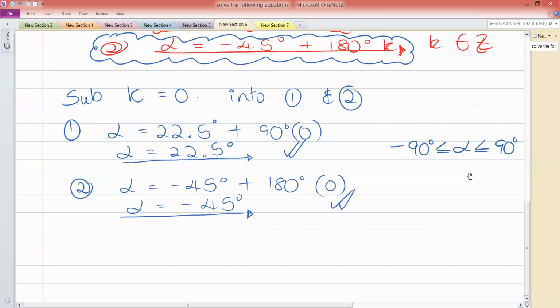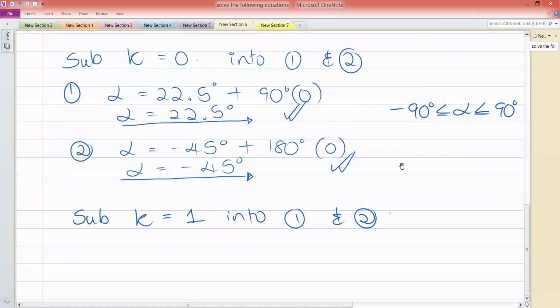Now, I'm going to sub k equals 1 into equation 1 and equation 2. What do you guys think is going to happen here? Alpha equals 22.5 plus 90 multiplied by 1.